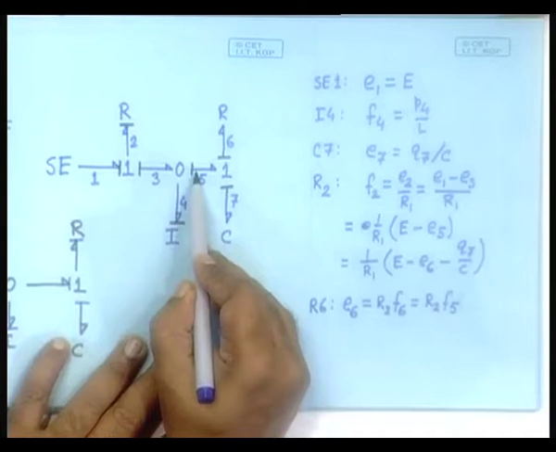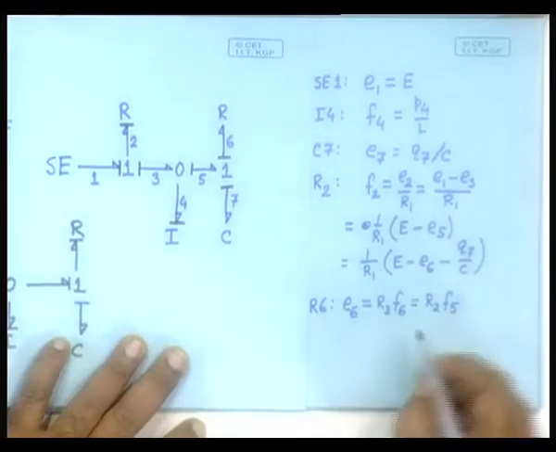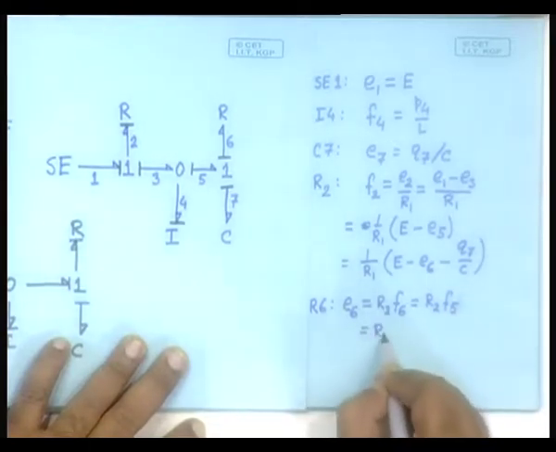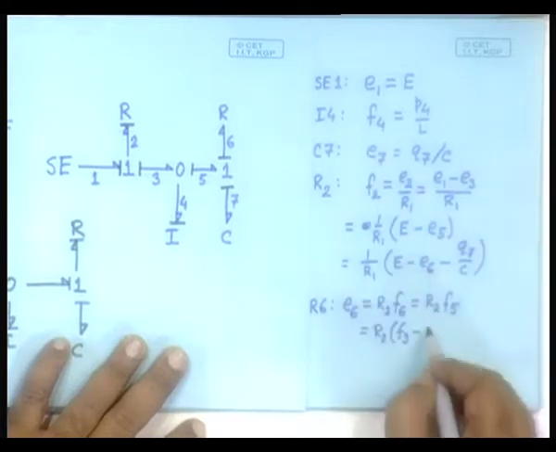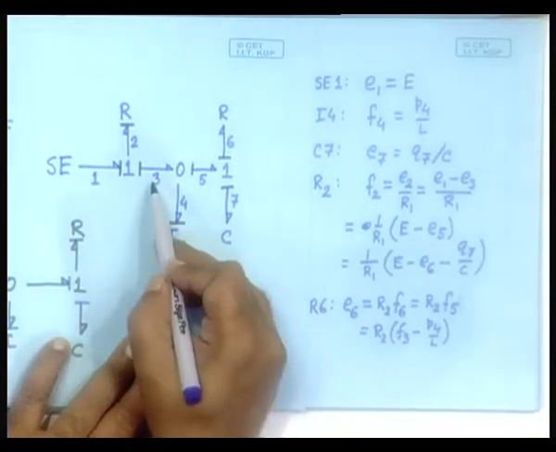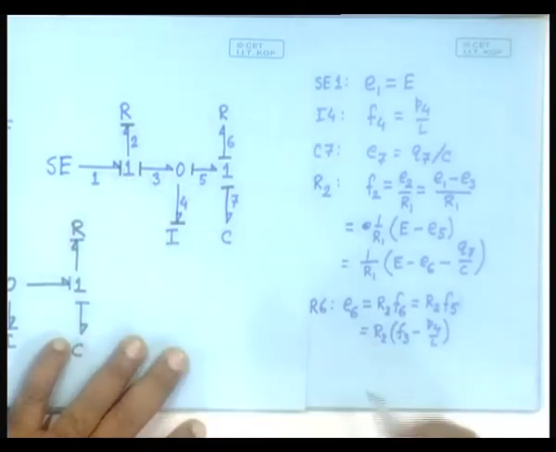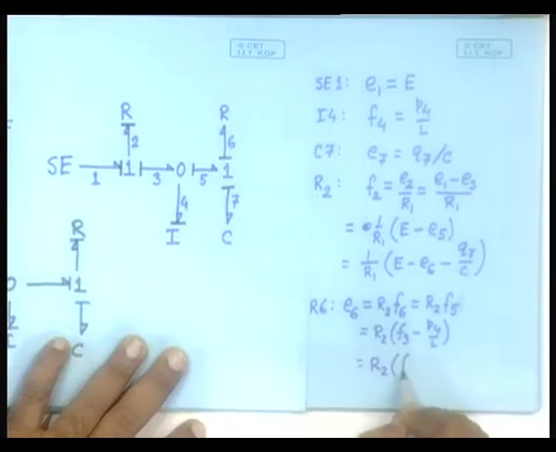F5 comes from F3 minus F4, yes, is equal to R2 times F3 minus F4, which is known, P4 by L. F3 comes from F2. So, R2 times F2 minus P4 by L.